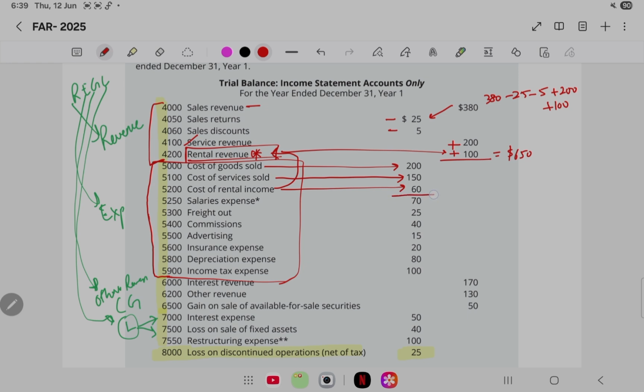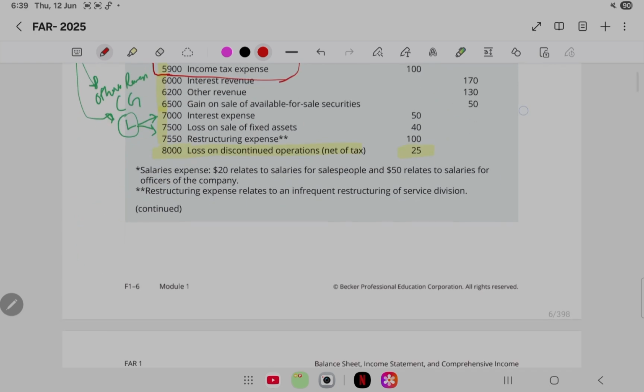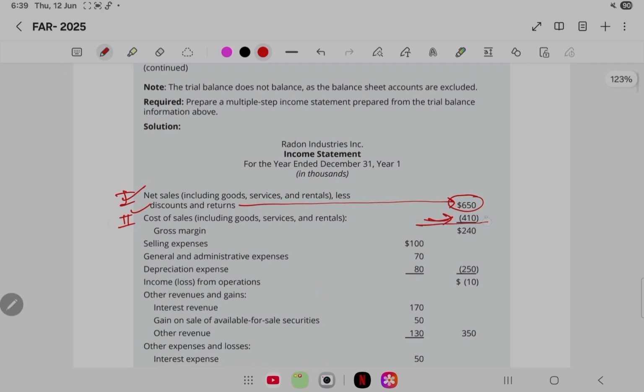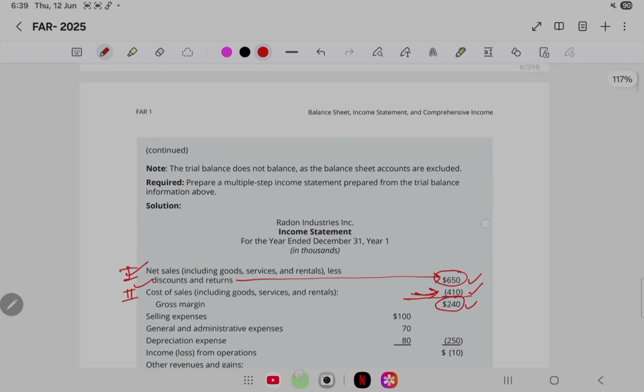So all three come as $410. We can check it, $410. Now gross margin we subtract 650 minus 410, that comes out at 240.